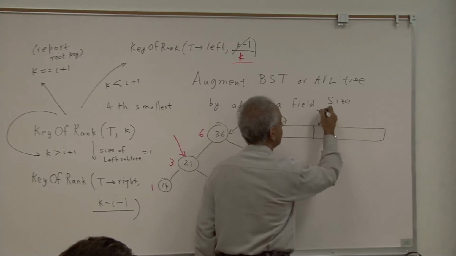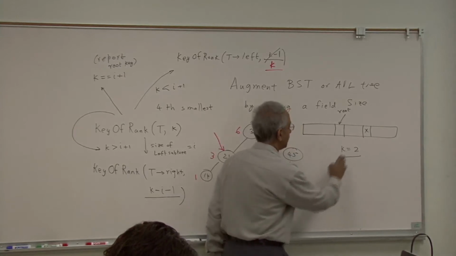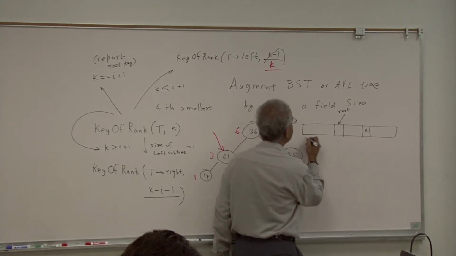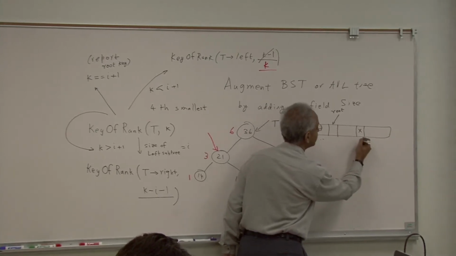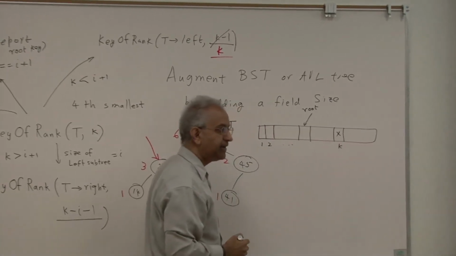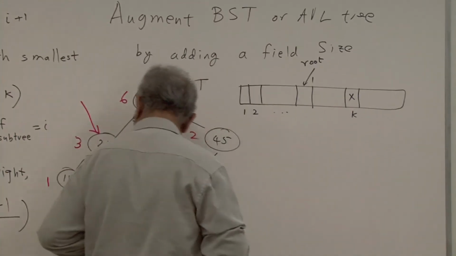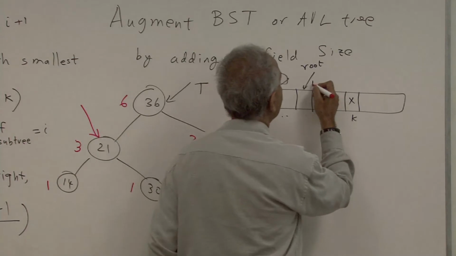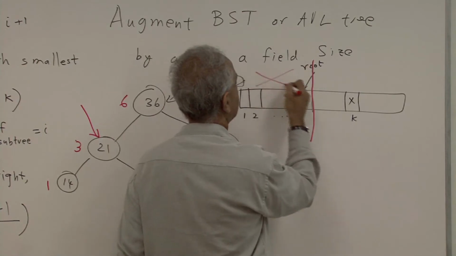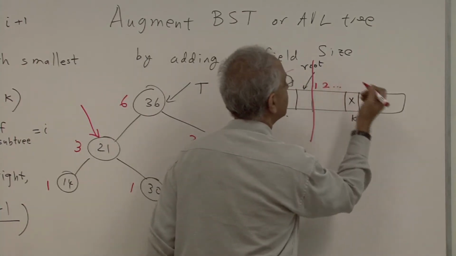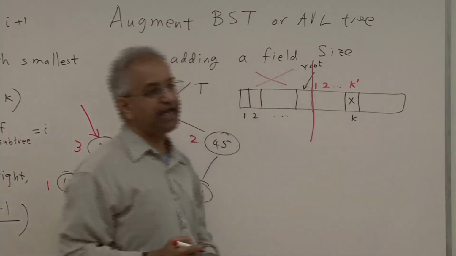This is the root key, and this is the key X. Suppose I index the whole array from 1, and let's say the index of this is K. Instead, suppose I drop all these things and start indexing from this point, and let's say now I get the index K prime. What is the connection between K and K prime?